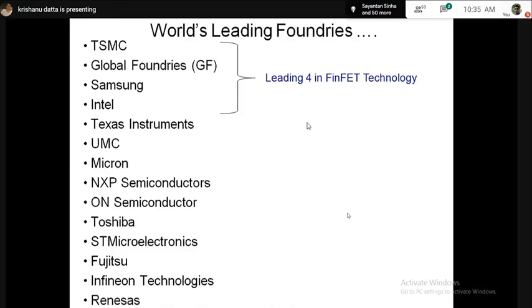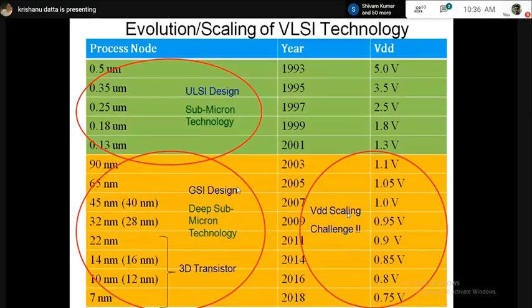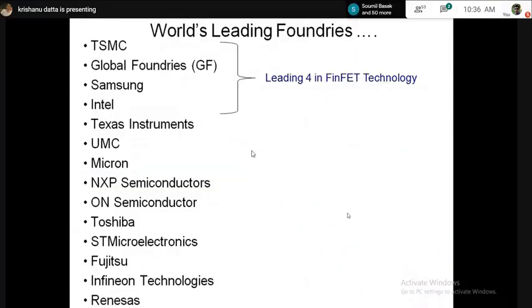The reason is that if you want to manufacture this technology range, 22 nanometer to 7 nanometer, the cost of each factory to develop this manufacturing is $5 billion. Now you can imagine how many companies have $5 billion. So that is why this number is very limited.